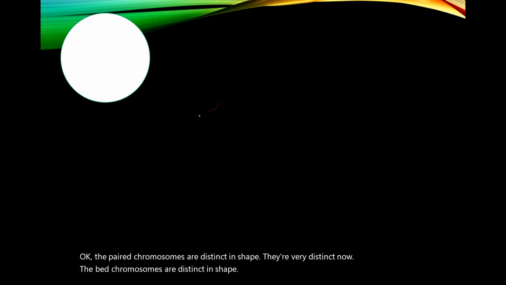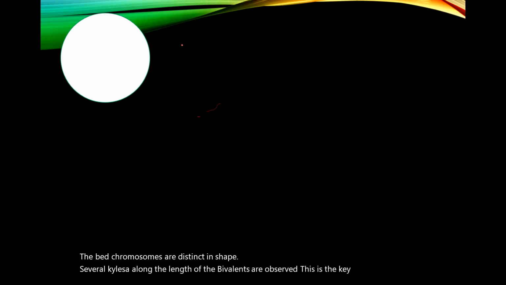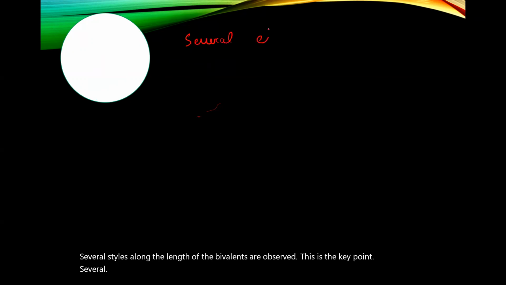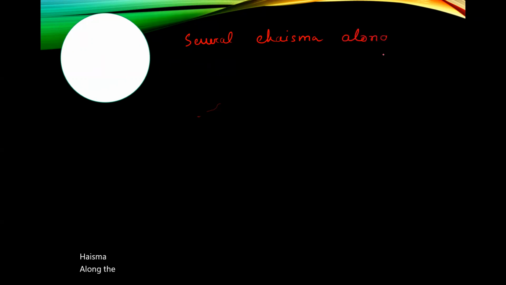Several chiasmata along the length of the bivalents are observed. This is the key point.